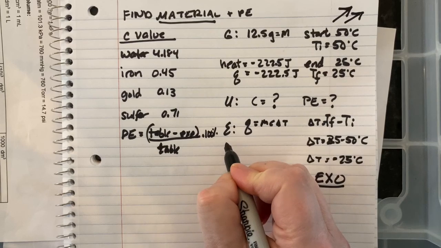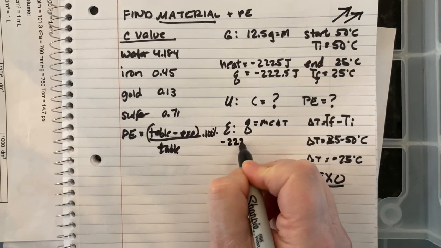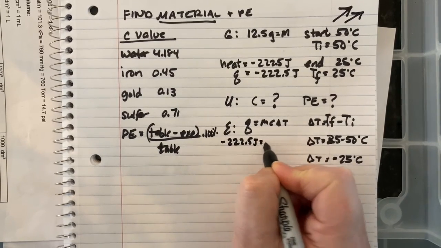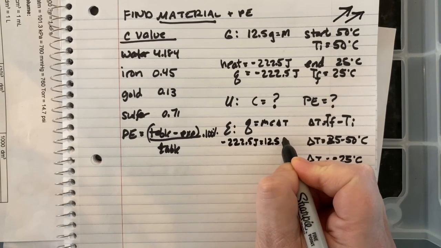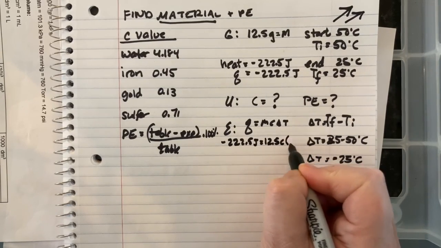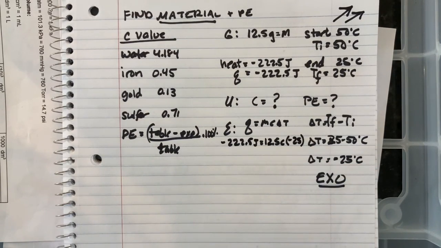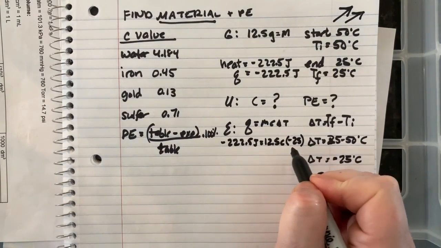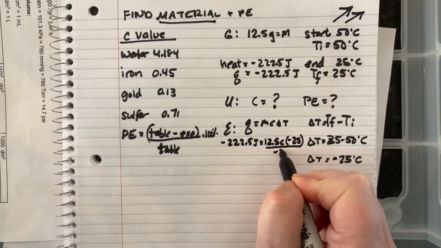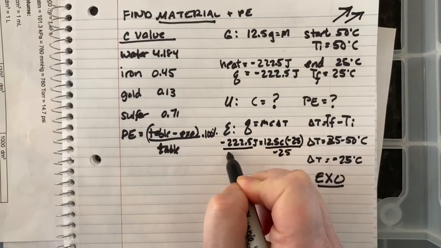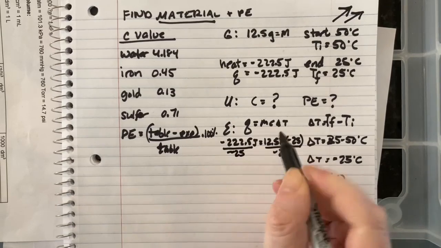Okay, our Q, when we substitute that in, negative 222.5 joules is equal to 12.5 times C times negative 25. And now I need my little calculator. I'm going to divide the right side by negative 25. What I do to one side, I do to the other.